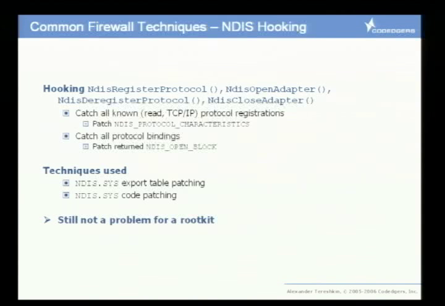The first one is export table patching, and the other one is NDIS code patching, which means direct code patching. These types of hooks are not a problem for a rootkit because there exist many ways to remove these hooks, or even to bypass them without altering any firewall internals.